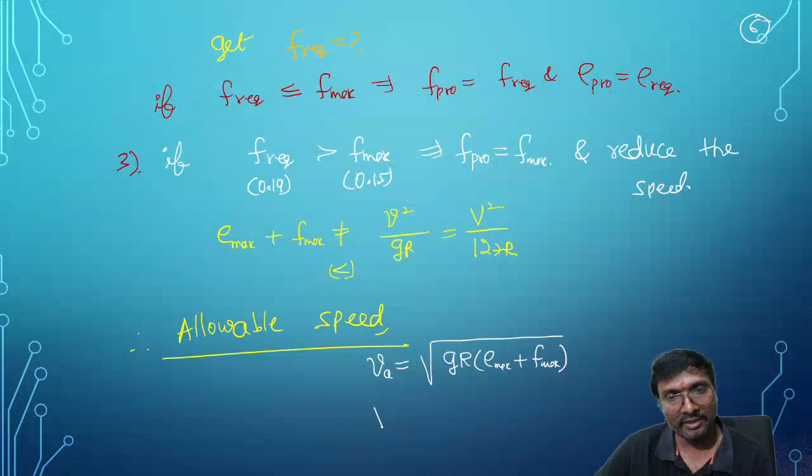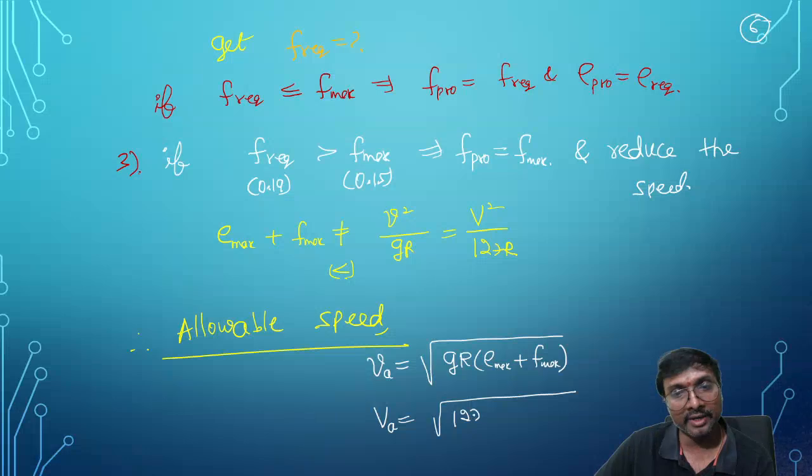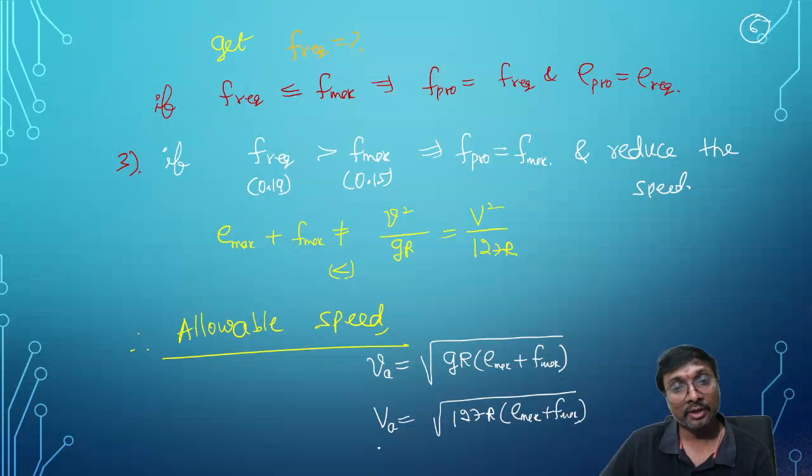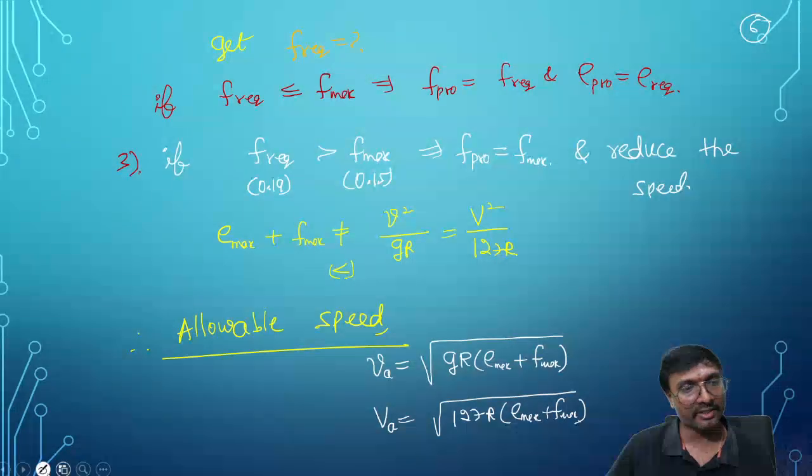Yes. And what is capital V a, if you observe? Capital V a is nothing but under root 127 into R into E max plus F max. So capital V a we will get in kmph, and small v a we will get in meters per second, right?